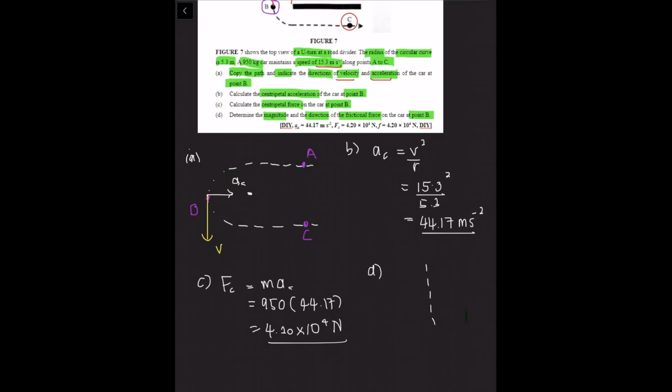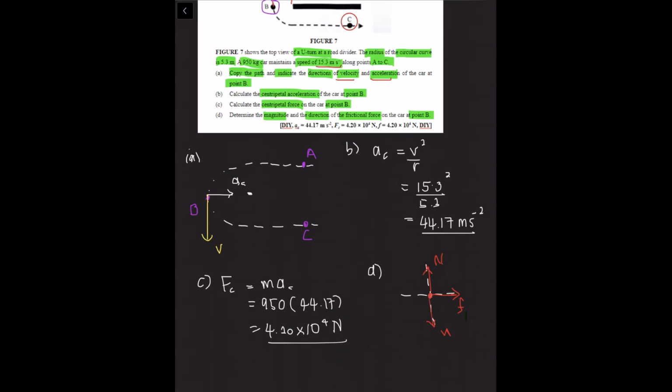At point B, here is the car, so we have the normal force upward, and we have weight downward. And one more force is this frictional force.